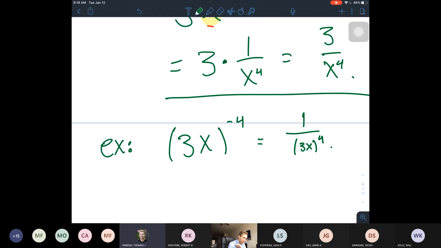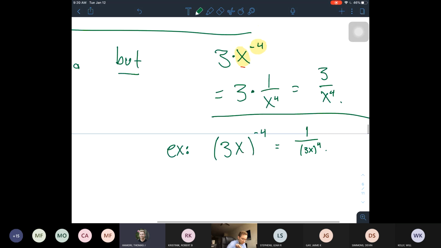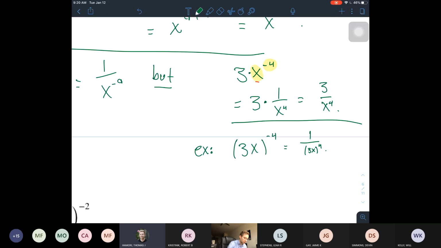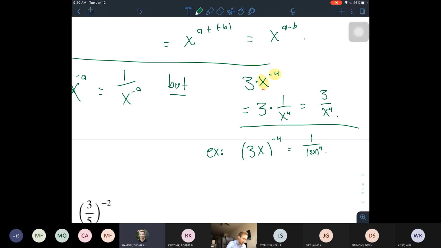Remember, we've got PEMDAS, so parentheses come first, and then MDAS after, so the E, exponents, come after parentheses. So we preserve the parentheses first, and then do exponents. So that's the only case in which the power would apply to both terms in the multiplication.